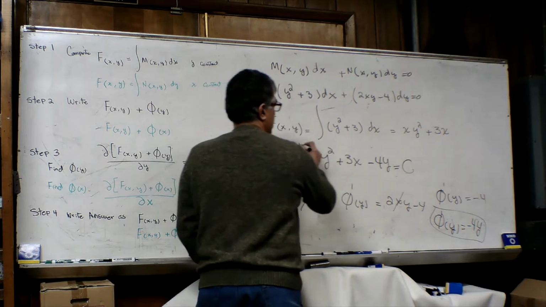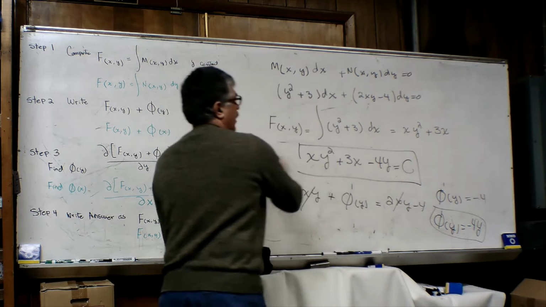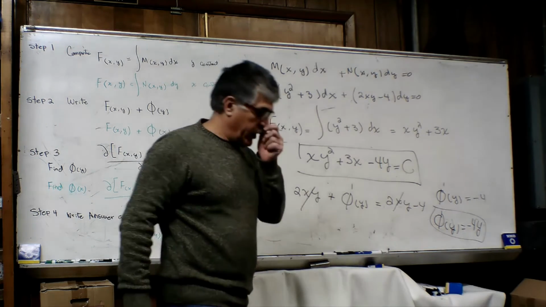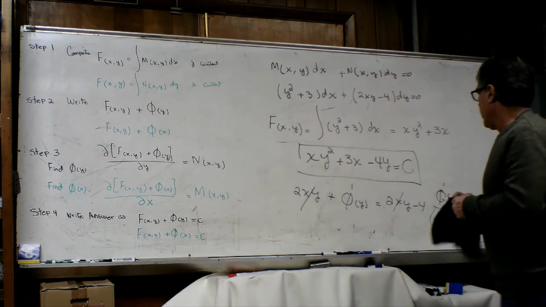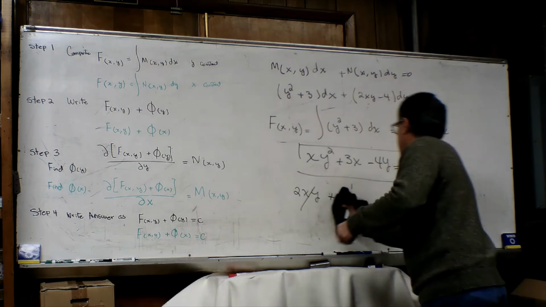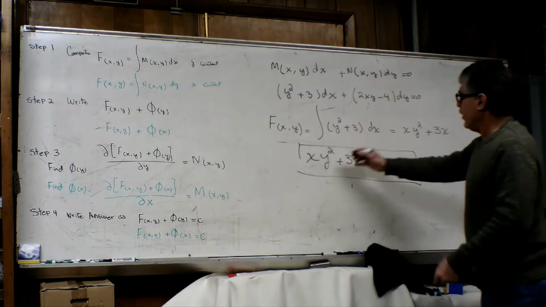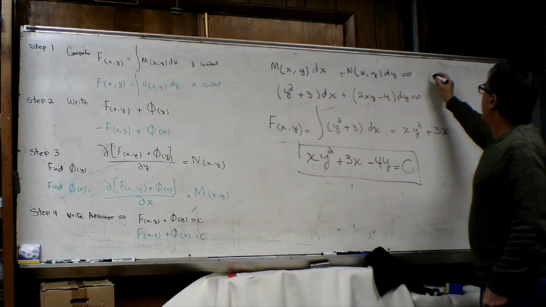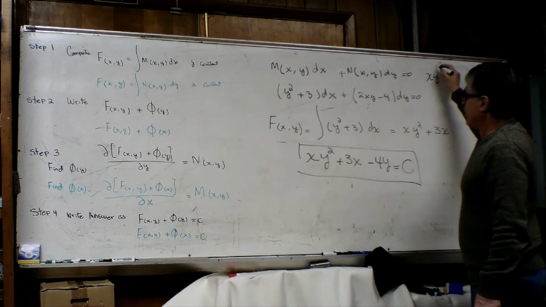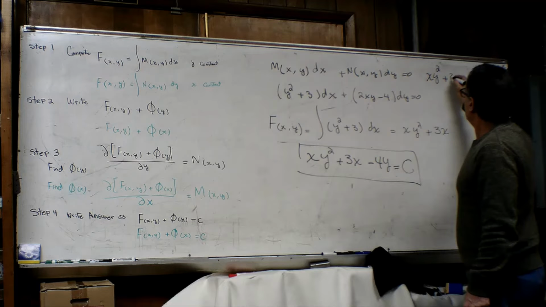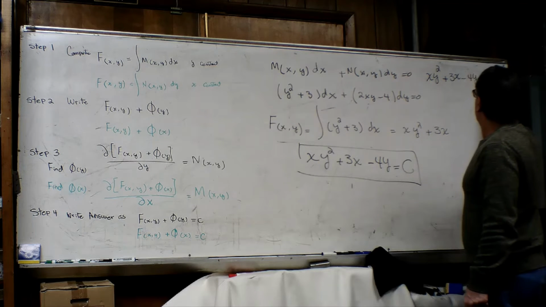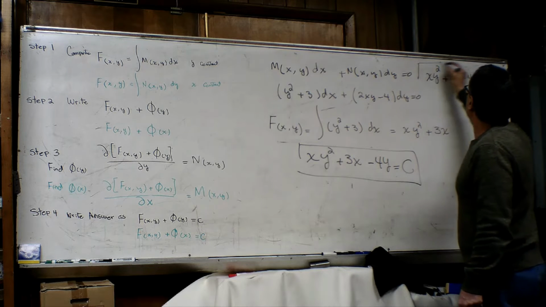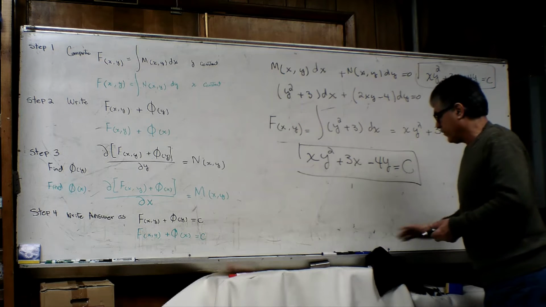So this is our solution for this differential equation. That was xy squared plus 3x minus 4y equal to c. So this is our solution.